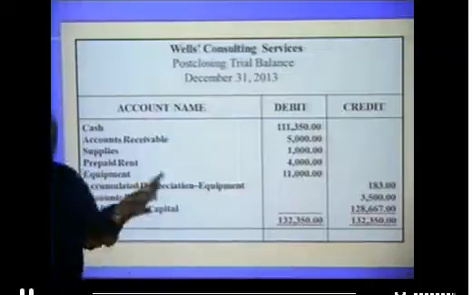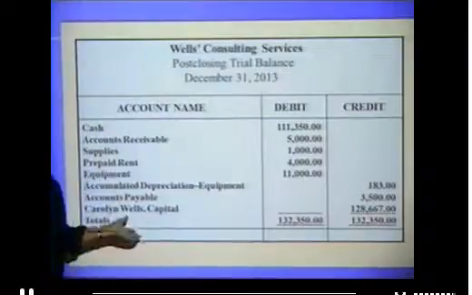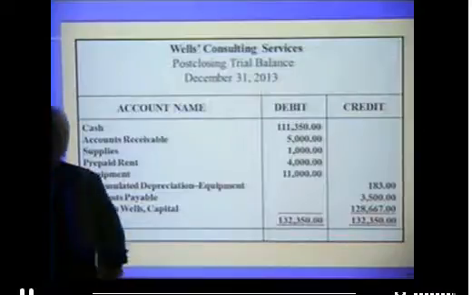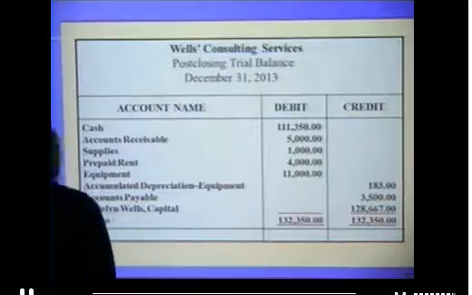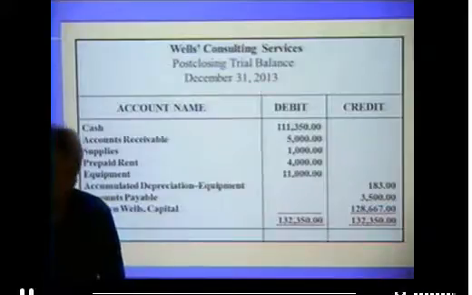The only accounts that should have a balance after you've closed are your permanent accounts, which are your assets, liabilities, and owner's equity. And we're ready to start a new accounting period. So you do your post-closing trial balance just to be sure you're ready to start the next period with correct numbers.